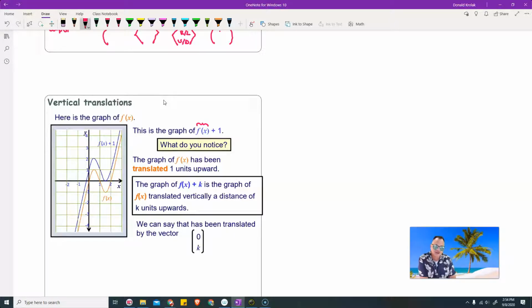Okay, and the translation vector would be this. Remember, this is right and left. And since that's positive, you're going to move it k spaces up, or k units up. Okay, so we're adding to the output.